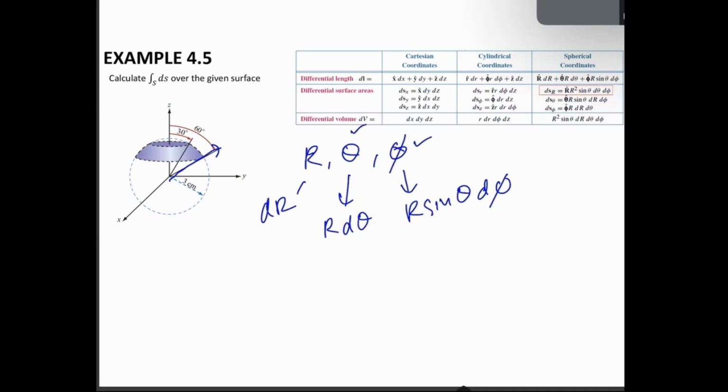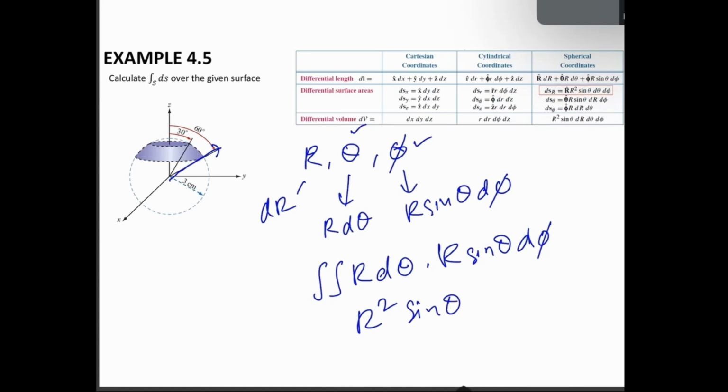It's r dθ times r sine theta dφ, which is r squared sine theta dθ dφ. So do double integration.